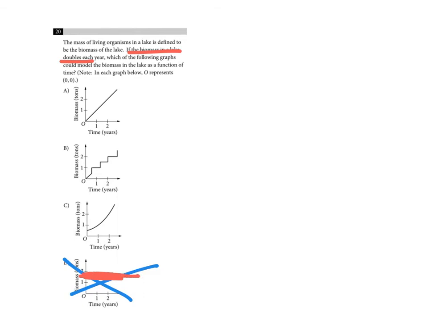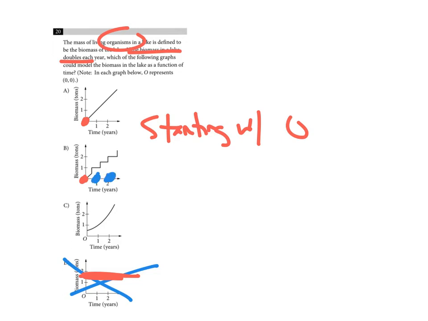Now, if you look at graphs A and B, both of these start off at the origin. What does that mean? That means they're starting with 0. And if they're starting with 0 organisms and it doubles each year, that would mean that after 1 year there would also be 0, and 2 years there would also be 0. So these two graphs don't represent a doubling each year.